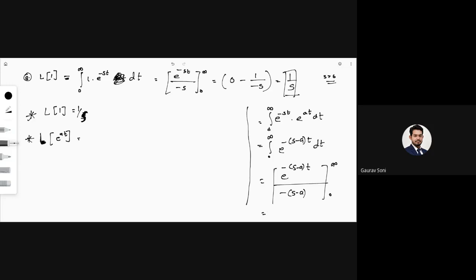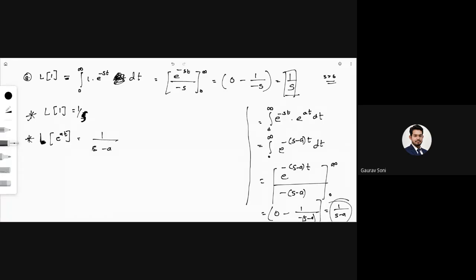When you put infinity, it will become 0, minus, when you put 0, the numerator will become 1 and the denominator is minus of (s minus a). So if you solve this, that will be 1 upon s minus a. So Laplace of e to the power at is 1 upon s minus a.